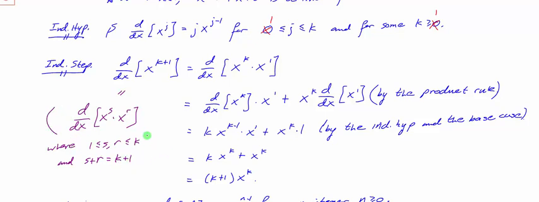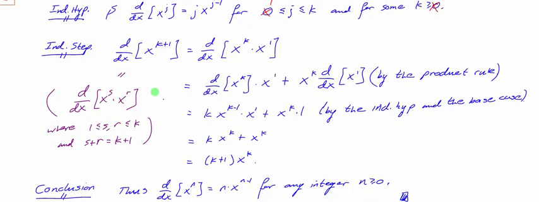And then we would use the product rule again and do the algebra at the end. And just like in the last proof with the chocolate bar, at some point in the final steps of the algebra, you'd have an s plus r that gets replaced with k plus 1. And that would finish off the proof more generally with strong induction.